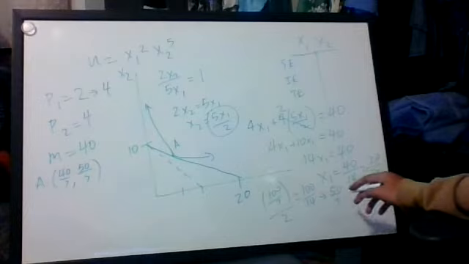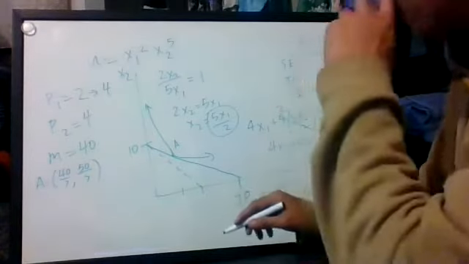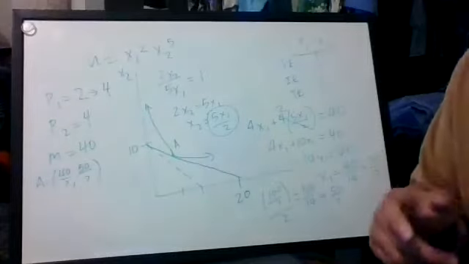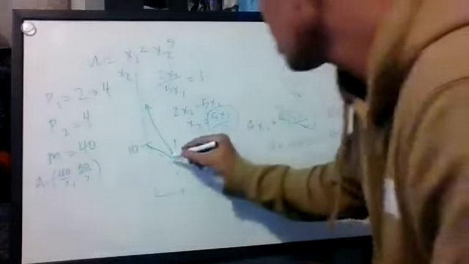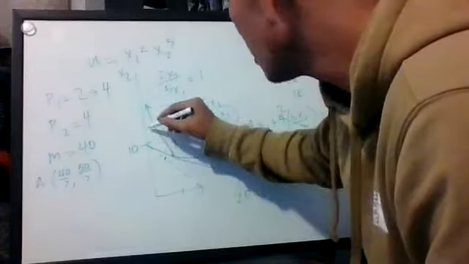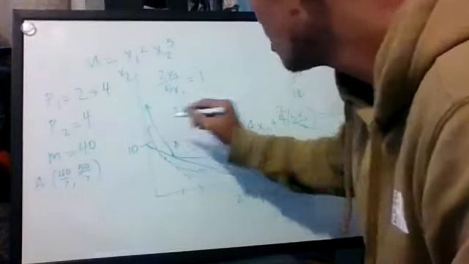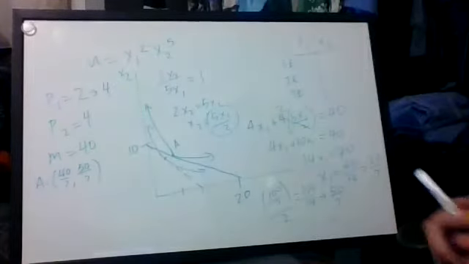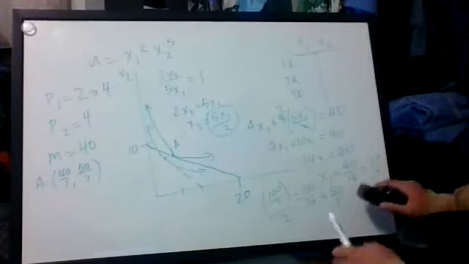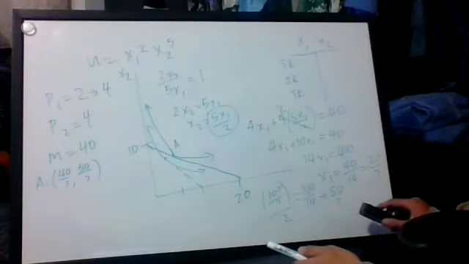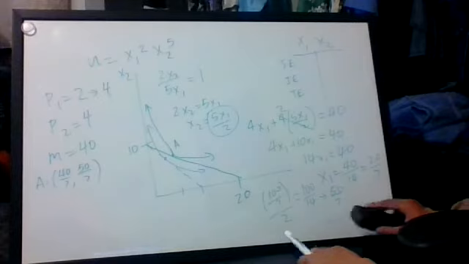So 20 over 7 is about 3. So that tells us that our point C is going to be somewhere around here. Right? Let's take a look. Yeah, I did that right. 20 over 7, 100 over 7, 100 over 4, yeah.